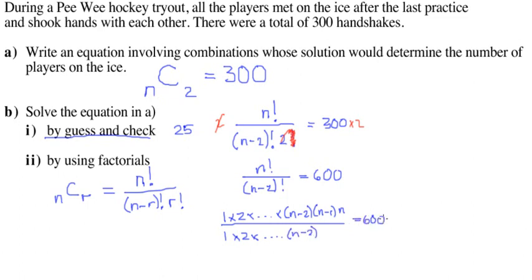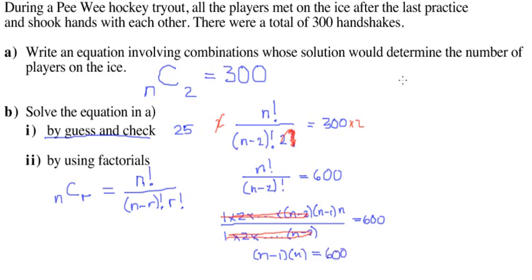And remember, all this equals 600. So once they're all written out in list form, you can cancel everything up to n minus 2. And all you're left with is n minus 1 times n equals 600.